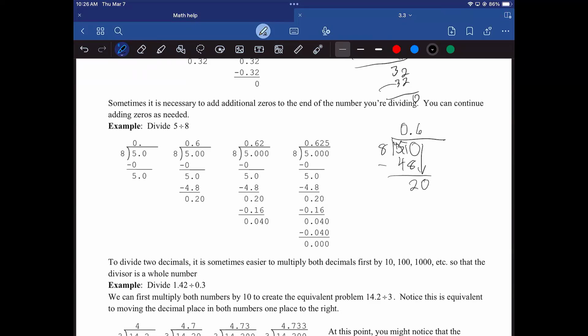Bring down that 0. 8 will go into 20 twice. 2 times 8 gives me 16. Draw the line, change the sign, got a 4. Bring down that 0. 8 will go into 40 5 times. 5 times 8 gives me 40. Draw the line, change the sign. We're done.